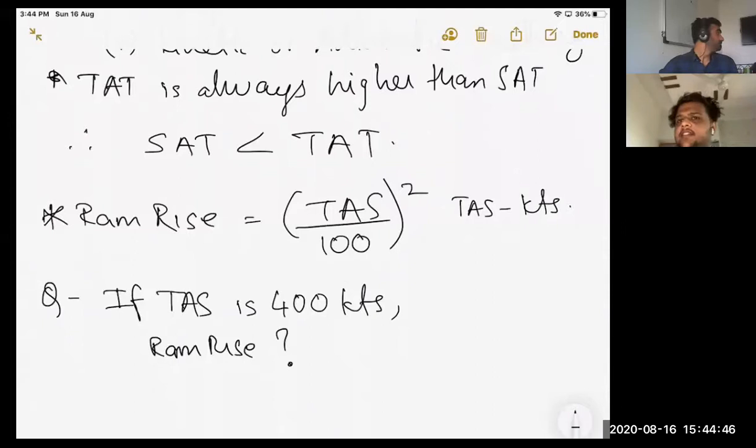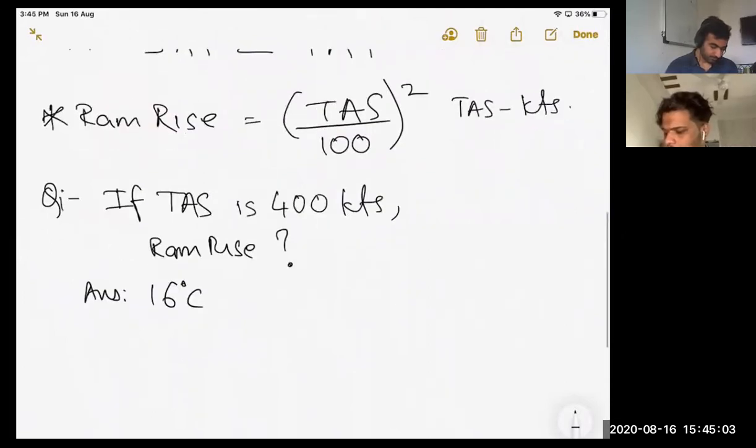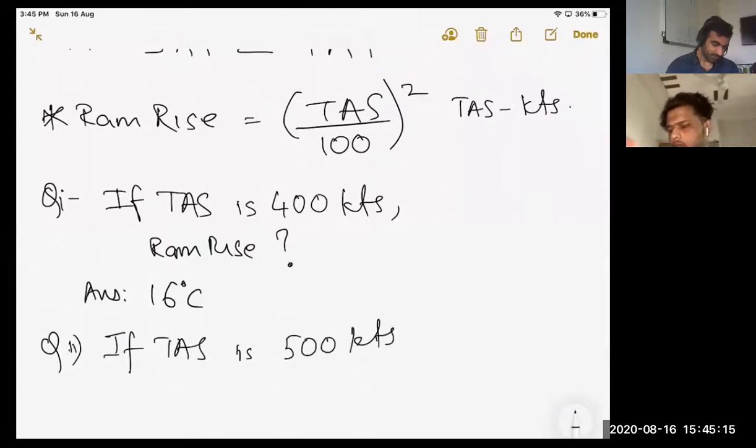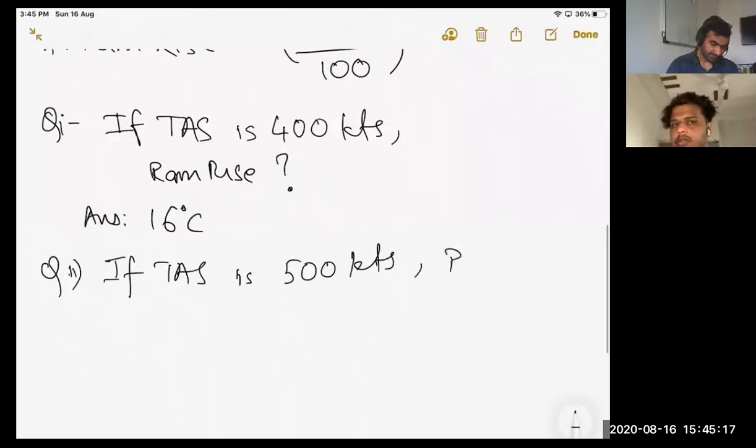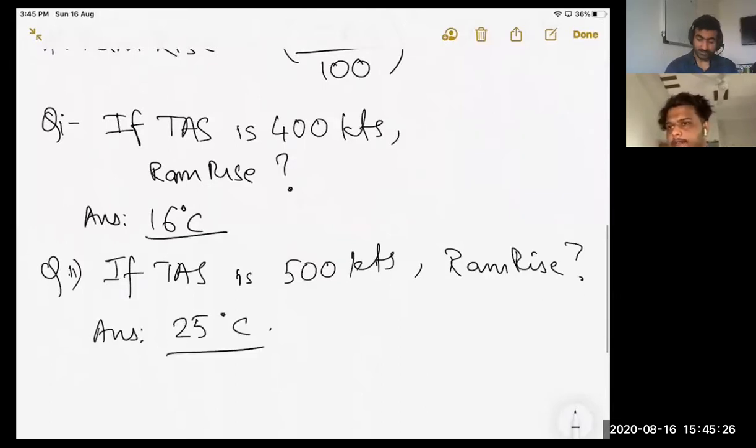It will be 16 degrees Celsius, approximately. What if the TAS is 500? 25. Very good. Are you doing this on the scientific calculator or the nav calculator? Scientific calculator. Very good. Your answers are correct.